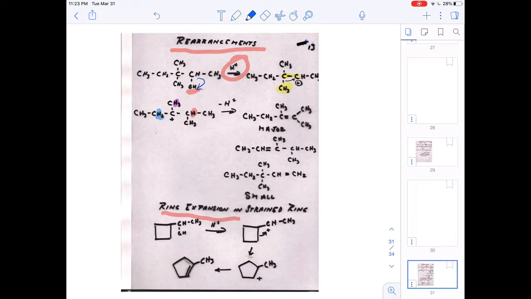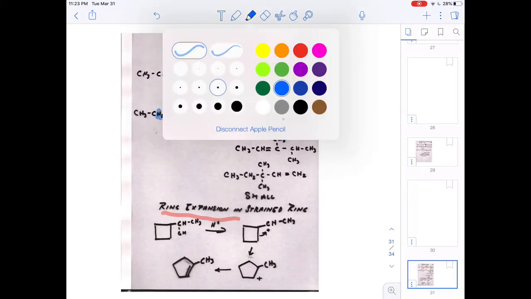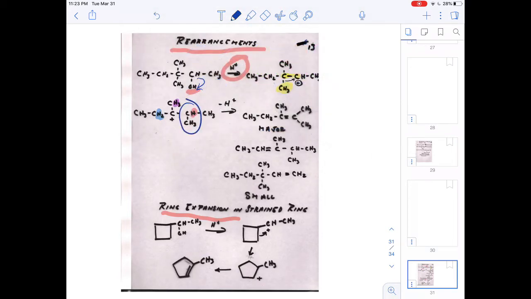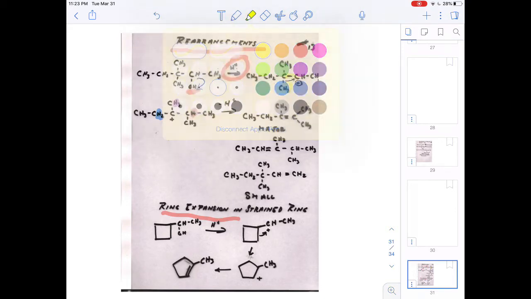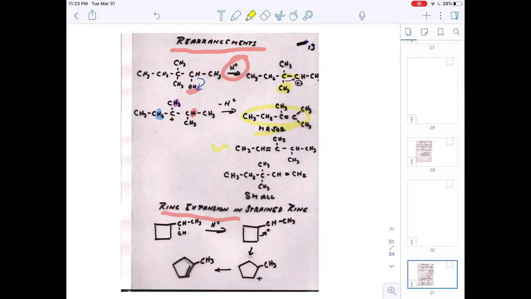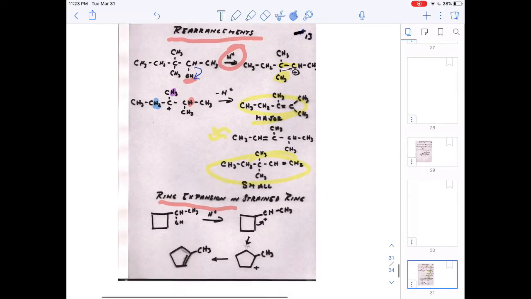In this case, the most substituted one, the major product, is going to be if you pulled off this hydrogen. And that's the one he did, so you'll get the double bond there, and then you have your major product. This is another one that's almost equal. Let me point. So this is your major product, this is okay, and then this is your minor down here.